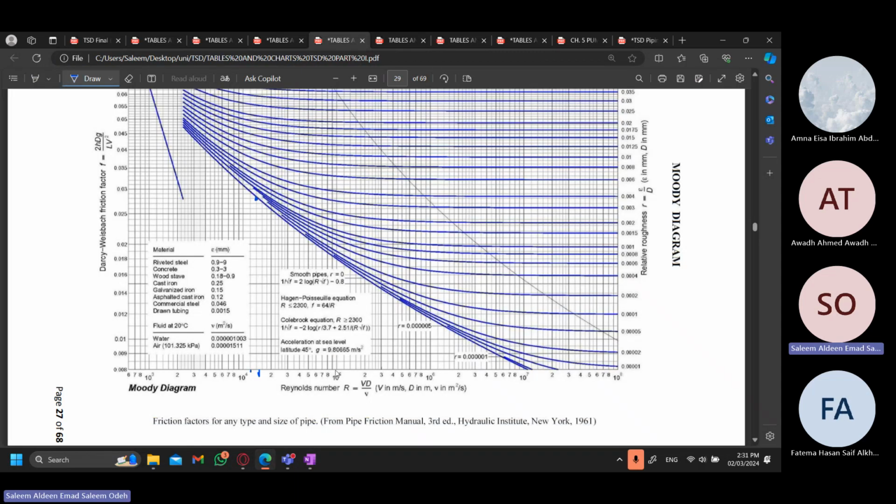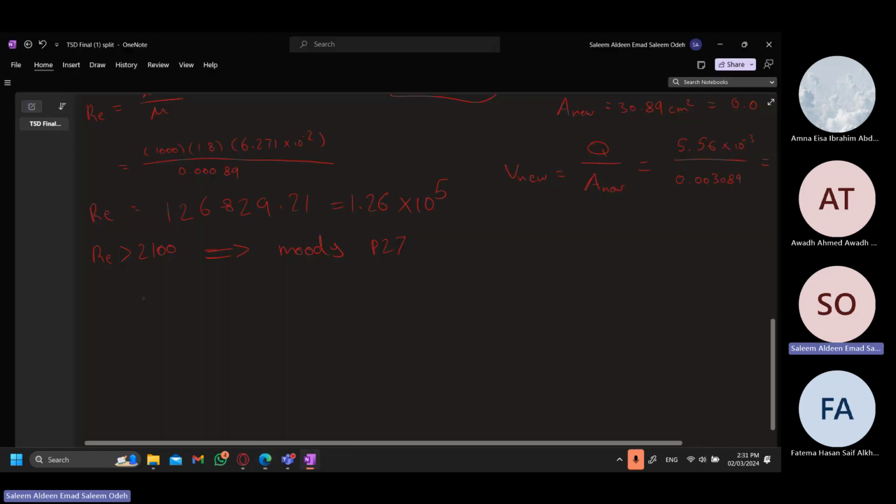So for 10 to the power of 5, 1.26 is about 1, so it should be around halfway through here. If we go up, it'll be around here. If you go straight left, it should be around here. Excuse the bad line. It should give us a friction factor of 0.017.